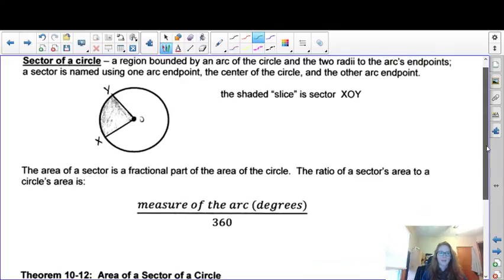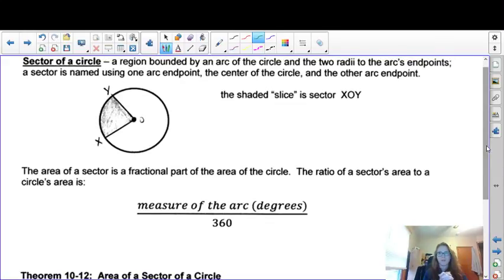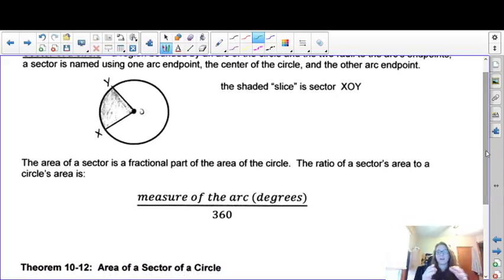Now, thinking about my arc length from the other video and how it was a piece of the circumference because I was only taking a part of the outside or a part of the distance of the circumference. When I deal with the area of a sector, I'm taking a piece of the area, because if I did the whole circle here, if I did all of circle O, I just want to find a piece of that. I want to find the area of that pie piece or a cake piece or whatever circular pizza slice.